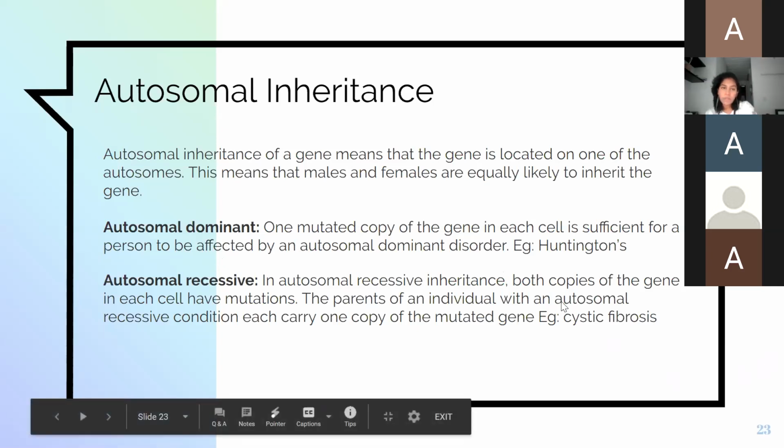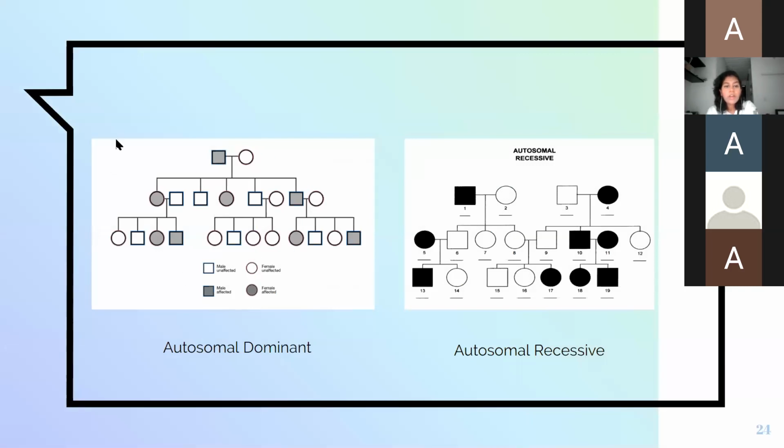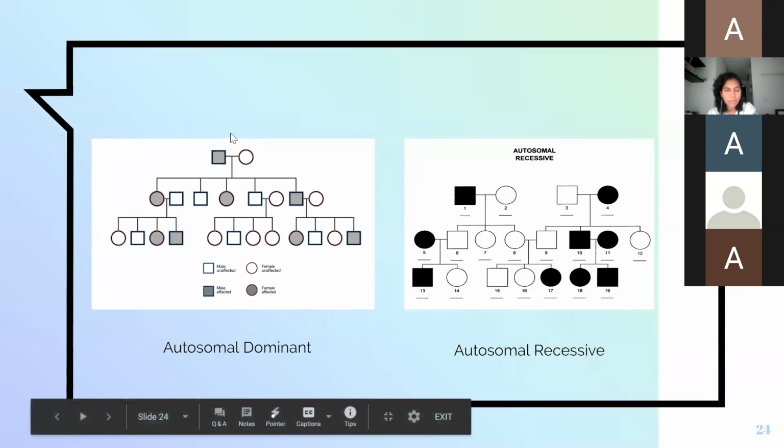Another thing with autosomal dominant and autosomal recessive is that autosomal dominant is inherited in every generation of a family tree, whereas autosomal recessive can skip generations. I can just show you when it comes to a tree. So this is autosomal dominant, and as you can see, there are affected people in every generation.